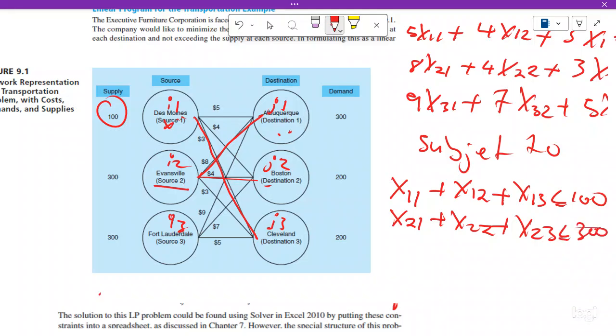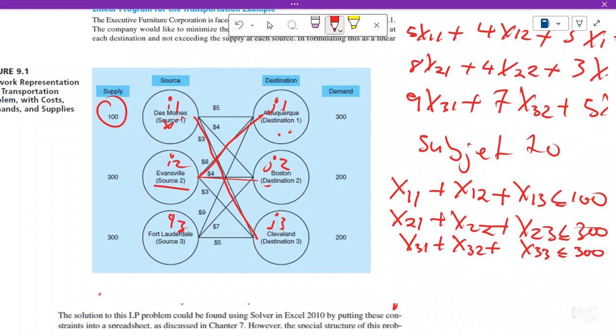Now I'm gonna cruise until x3 1 plus x3 2 plus x3 3. Yes, maximum of 300, but less or equals to, because once he's supplying all 3 of them, he's not sure how much each is going to get. He's supplying all three destinations.